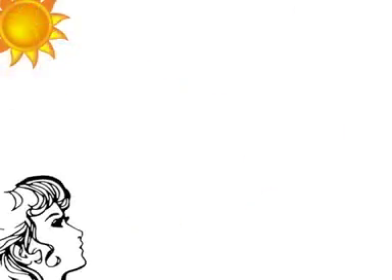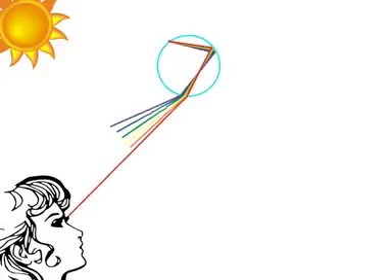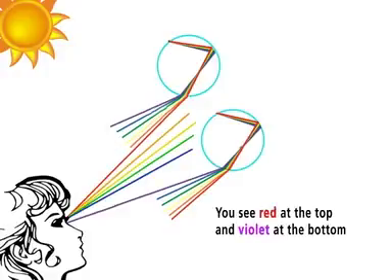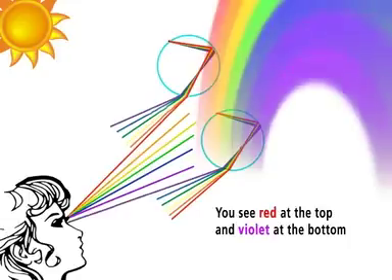It is these slightly different angles that cause us to see red drops higher up, then orange a bit lower, then yellow, then green, blue, indigo, then violet, which bends the most and is seen as the lowest part of the rainbow.